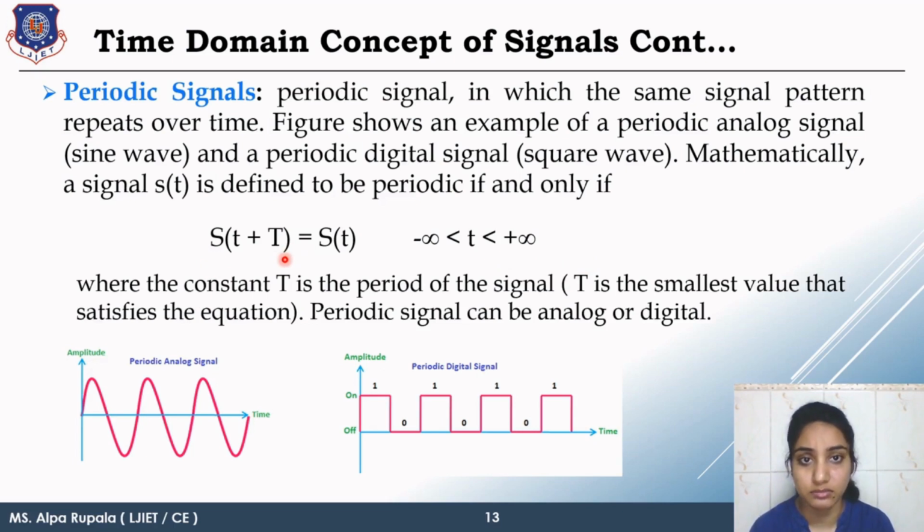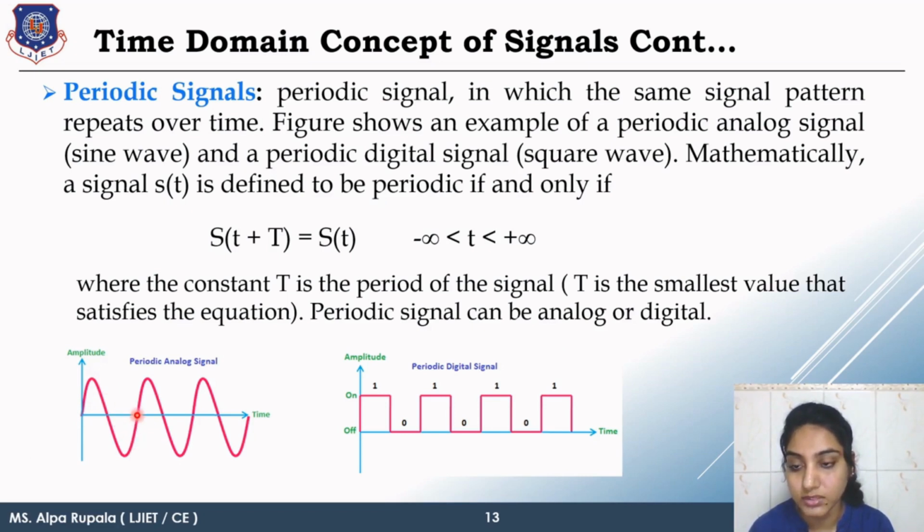We will see what capital T is later on. Here you can see we have one periodic analog signal and one periodic digital signal. Yes, a periodic signal can also be divided into a periodic analog signal and a periodic digital signal. Here, over a particular interval of time, from here to here, our signal repeats its pattern.